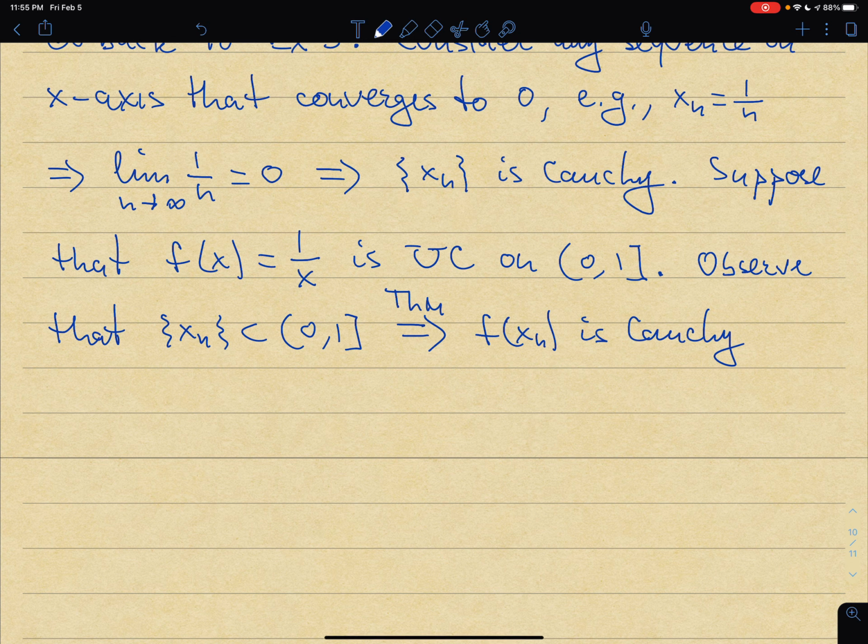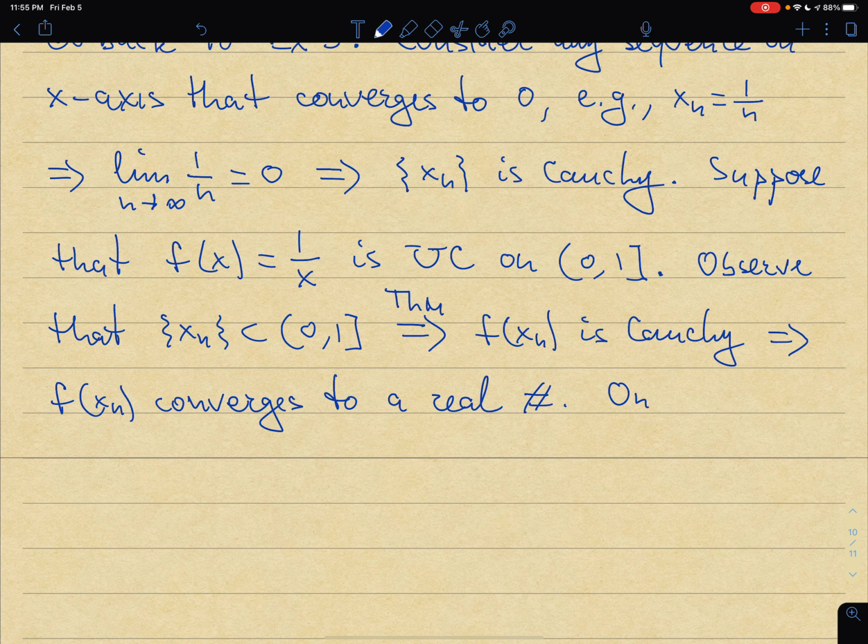If I have a Cauchy sequence of real numbers, I know that the sequence must converge in the set of real numbers, right? So therefore, f of xn converges to a real number.